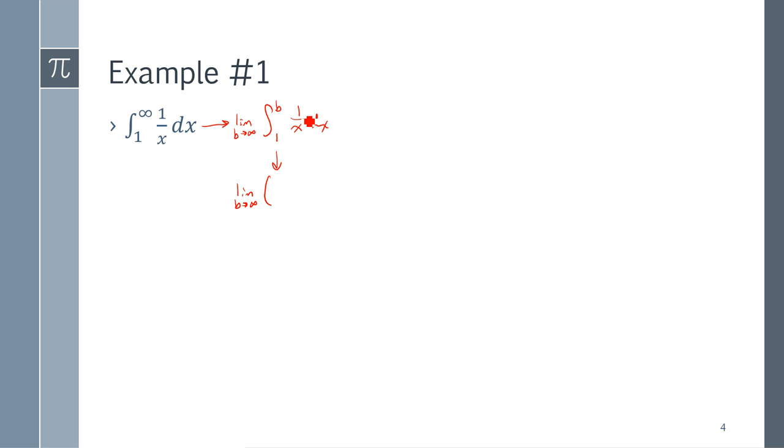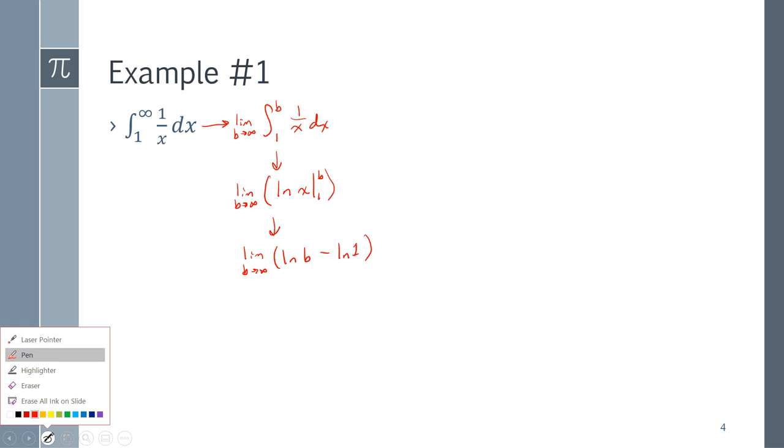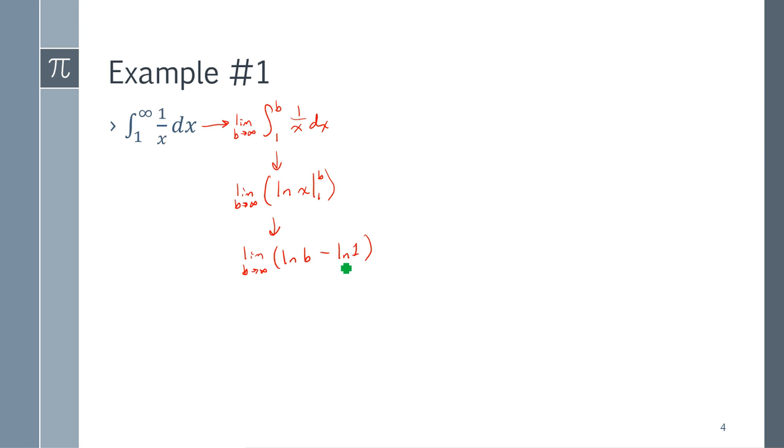I just hold on to the limit, and I'm going to evaluate my integral. The antiderivative of 1 over x is the natural log of x. I do not need absolute values because I'm going from 1 to a number larger than 1, so absolute value is not needed. This is from 1 to b. Plug in my upper bound, plug in my lower bound, and subtract. Well, the natural log of 1 is 0.